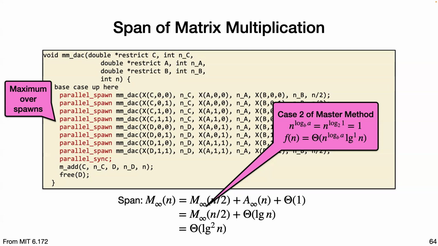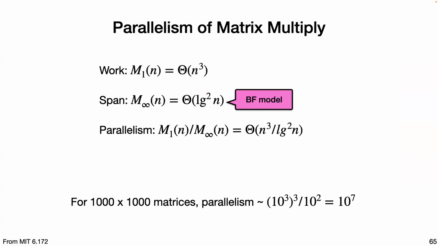So k in this case was 1, and then k becomes 2 in case 2 of the master theorem. So the work is n cubed, the span is log squared n, and the parallelism is n cubed over log squared n. And that is pretty huge.